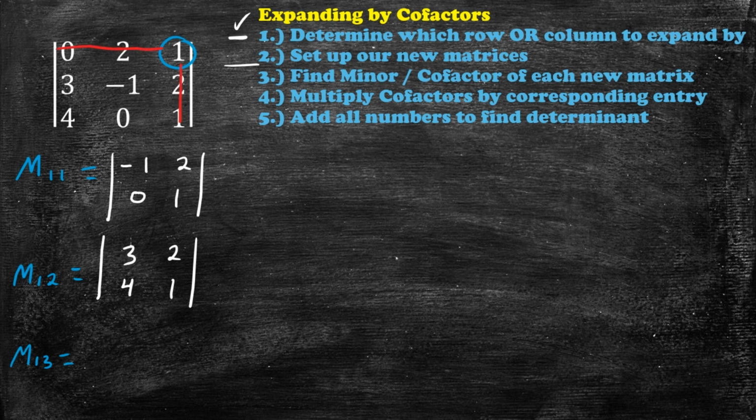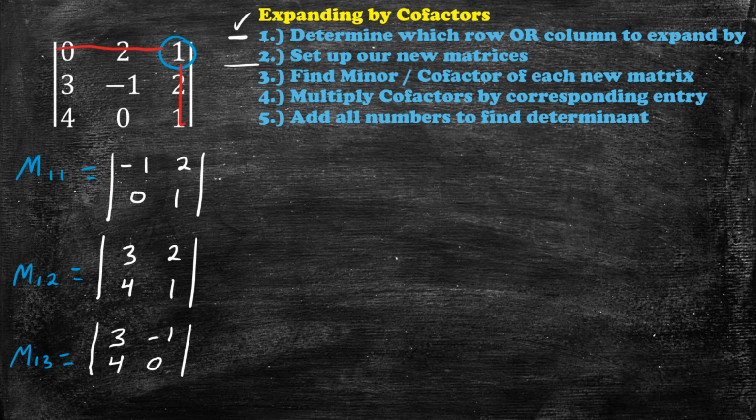You delete the row and the column that that number is in, and you write down the remaining numbers, which is 3, -1, 4, and 0. Now what we have to do is find the determinants of each of these three matrices. The determinants of these matrices are called our minors.